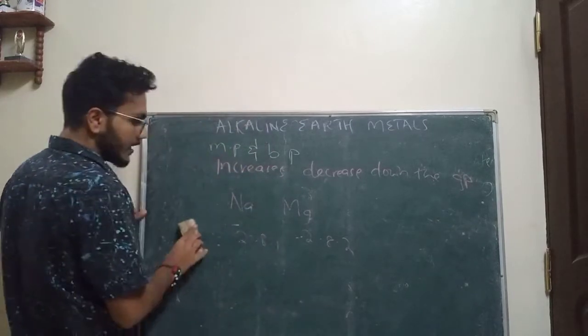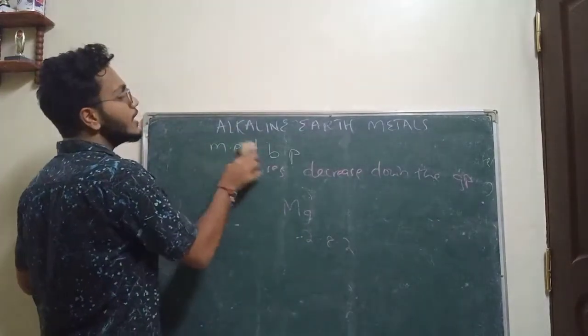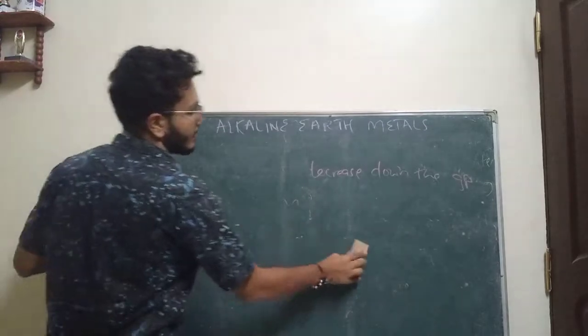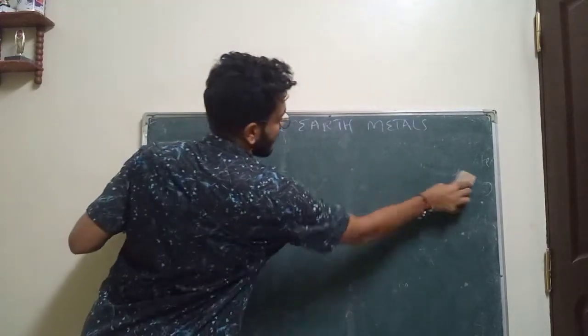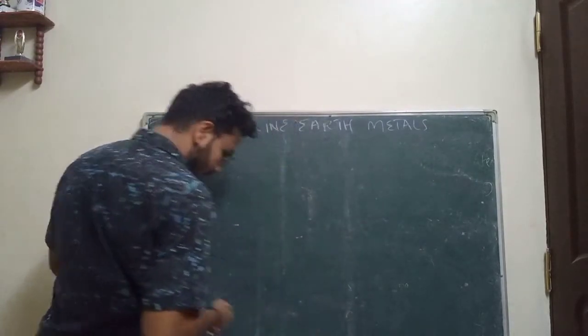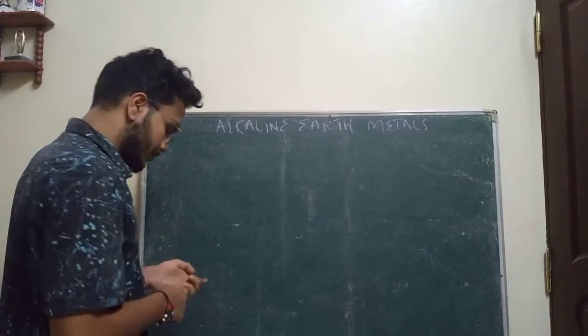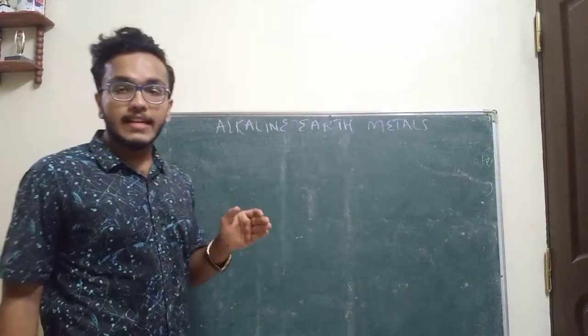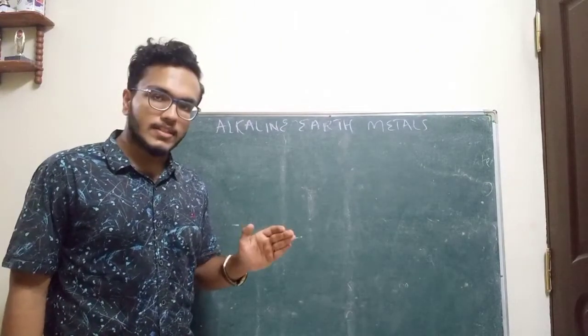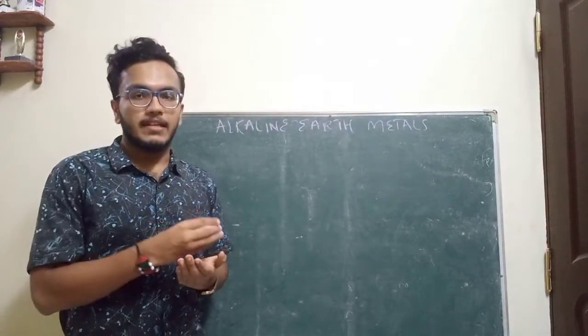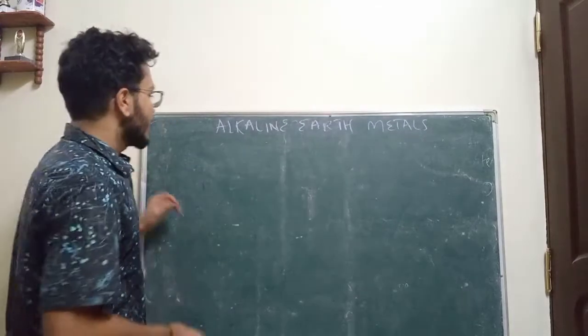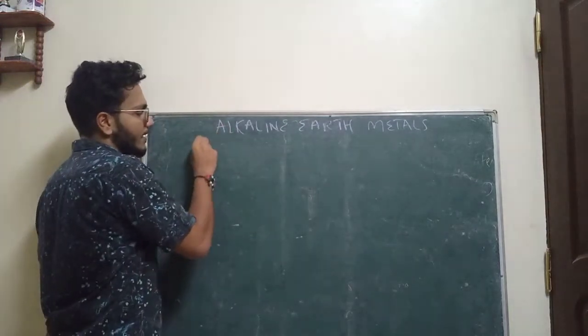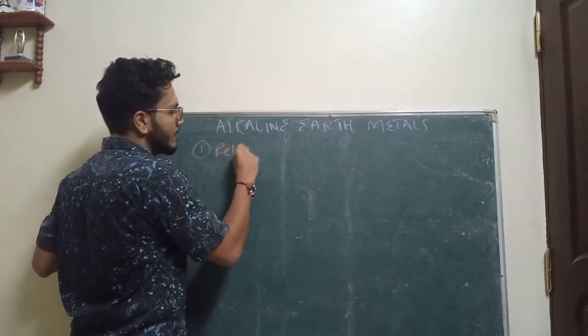We go to physical properties. Now physical properties is where it changes from alkali metals to alkaline earth metals, that the properties change. We said alkali metals are soft metals and they can be cut with a scalpel. However, alkaline earth metals are relatively hard.